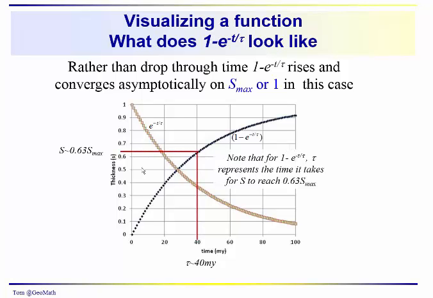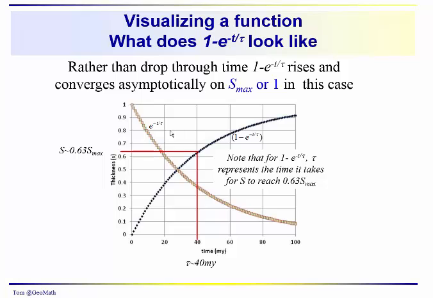So when we're dealing with the function 1 minus e to the minus t over tau, tau represents the time it takes for the basin to fill up to 0.63 of S max, whatever S max happens to be. In this case it's just 1, but this is 0.63, since our maximum is 1.